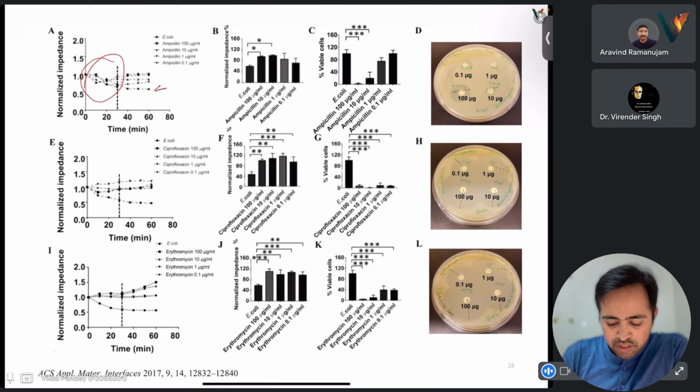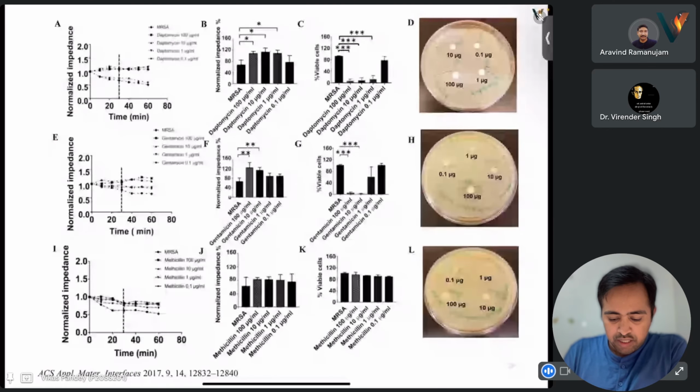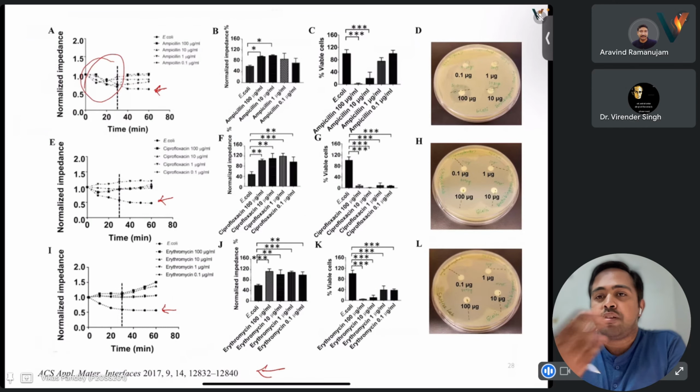If you see this graph, from Sir's paper only, this is the impedance when nothing is kept, only the E. coli bacteria. In this case MRSA is put there, and then with drug, some amount of drug takes time to kill the bacteria, some takes less time, some can be very fast.